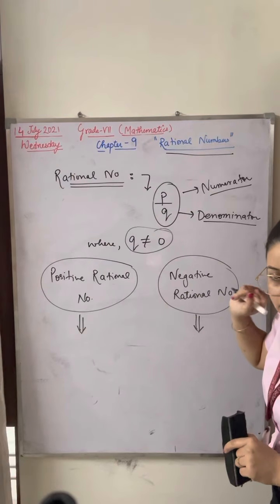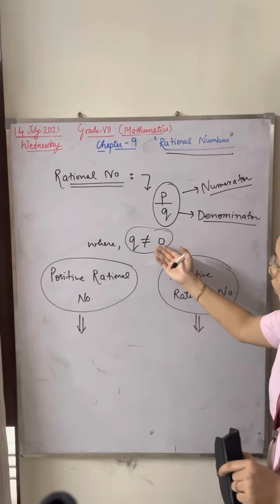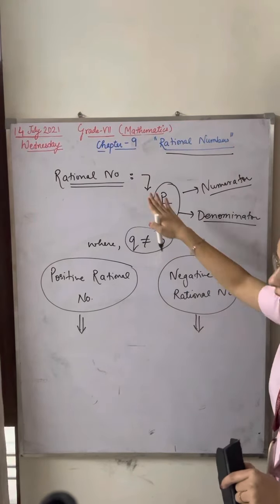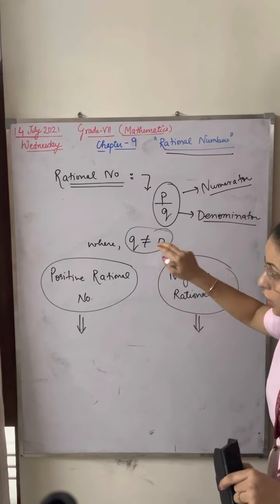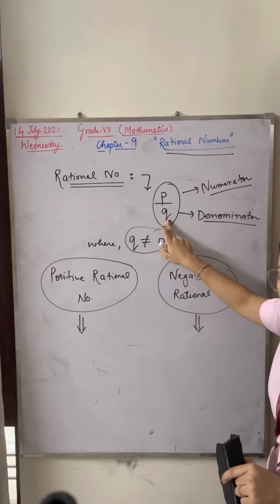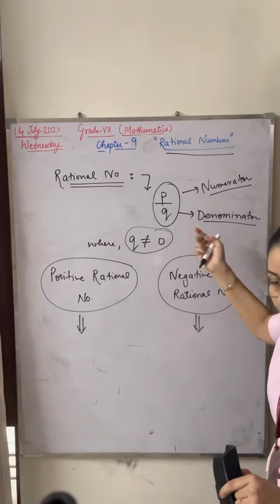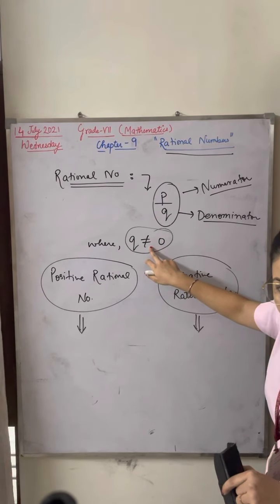Q should not be 0 in any case. Whatever the reason, Q should not be 0. If Q is 0, the expression is not a rational number. The denominator can be 1, 2, 3, anything, positive or negative, but it should not be 0. Clear?